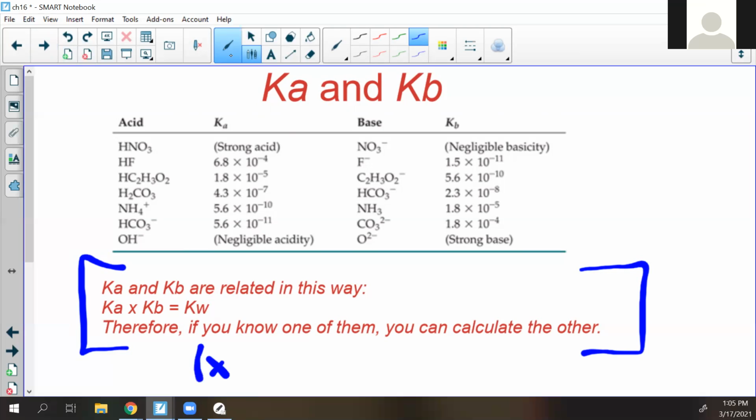It is 1 times 10 to the negative 14. Therefore, if you know one of them, you can calculate the other. Now, we already did it a different way, but this is just another way to do the whole thing. It's quicker. So if you know KA, you divide that number into KW, and that's KB. You don't have to find pOH and then do that X squared over initial. You don't even need the initial.